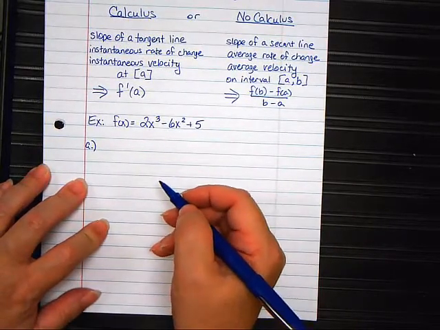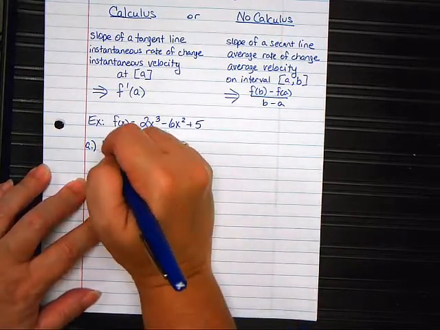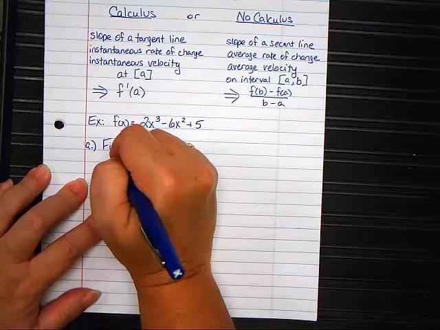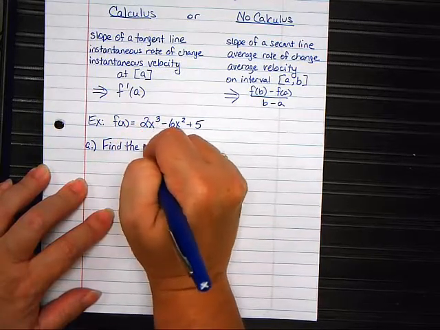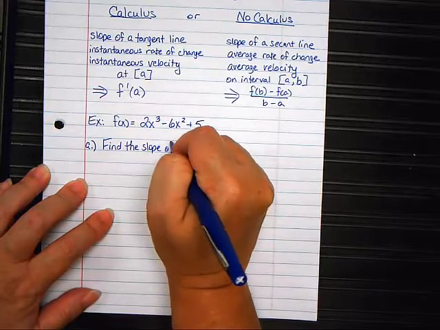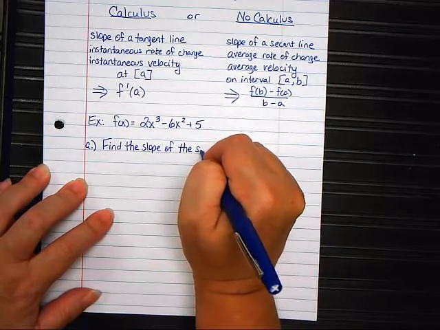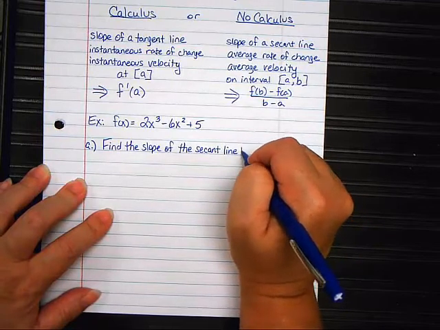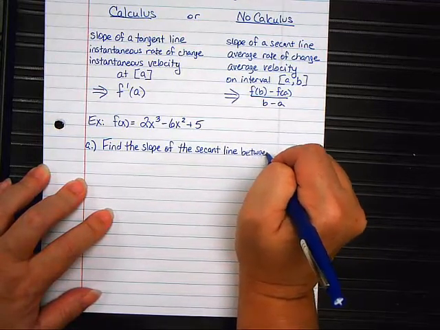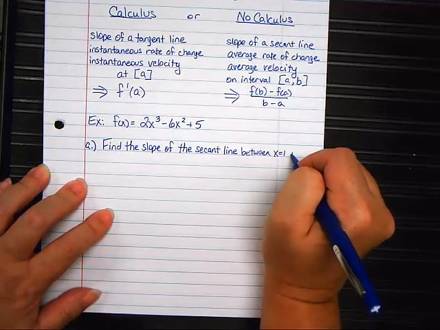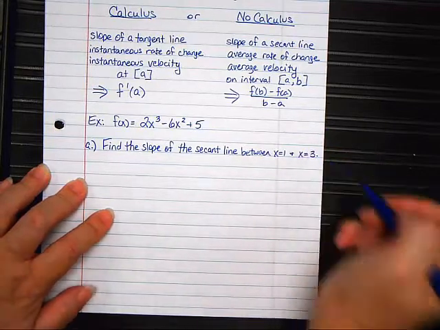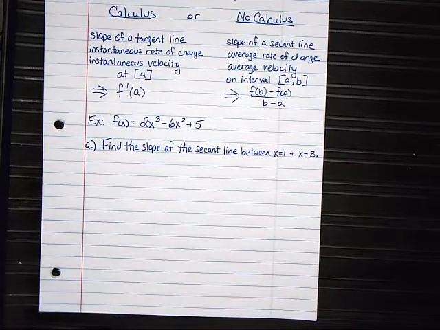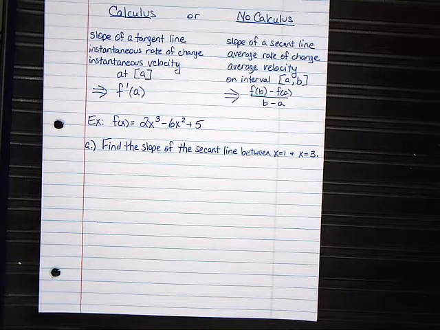This is not, no. Find the slope of the secant line between x equals 1 and x equals 3. That's the first question. Find the slope of the secant line between x equals 1 and x equals 3.